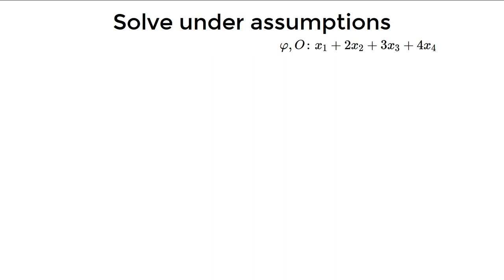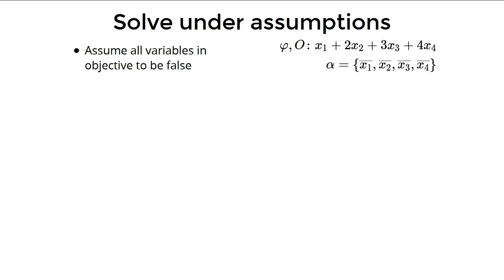Suppose you have some unspecified formula phi and a simple objective function. The first step in the loop is to call a solver with a set of assumptions. The assumptions are chosen so that the objective value is minimal. As we only have positive coefficients in our objective, we assume all variables to be false for an objective value of 0.